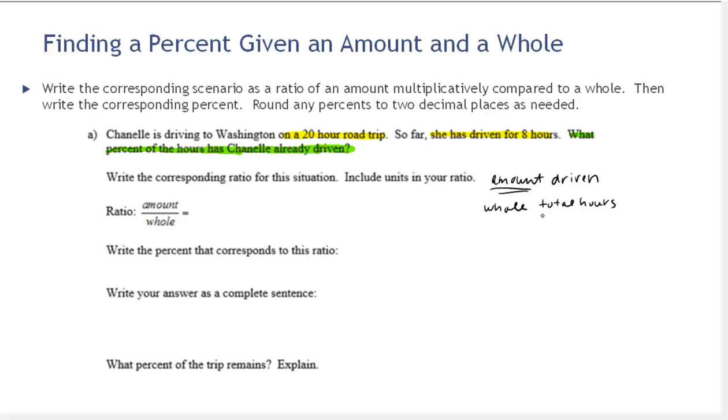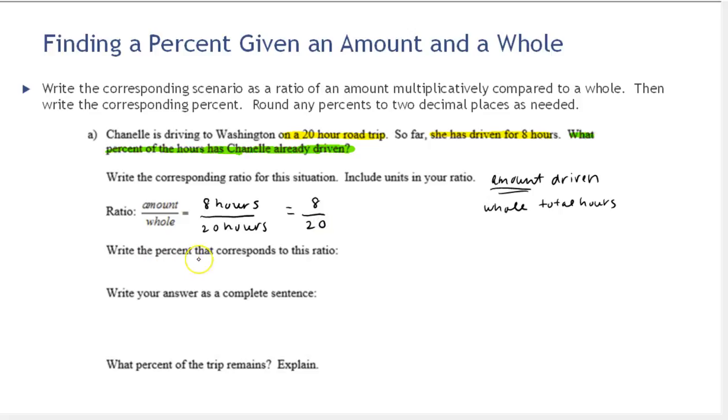Okay, so we'll be talking about this idea throughout all these videos. So the amount was 8 hours that she's already driven out of a total of 20 hours. Okay, notice they're both hours, so I'll just write this as 8 over 20.